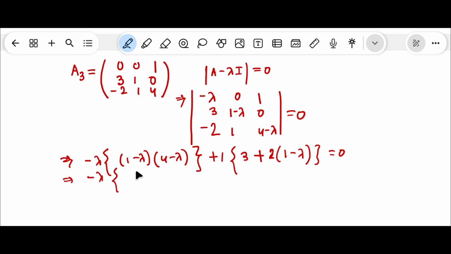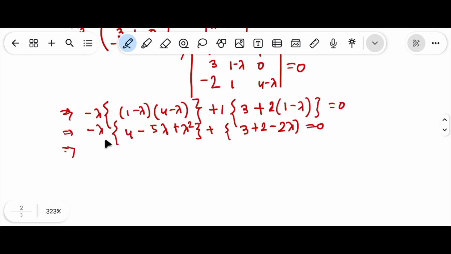Now -λ into (4 - 5λ + λ²), plus this is 3 plus 2 minus 2λ equals 0. That is -4λ + 5λ² - λ³ + 5 - 2λ = 0.